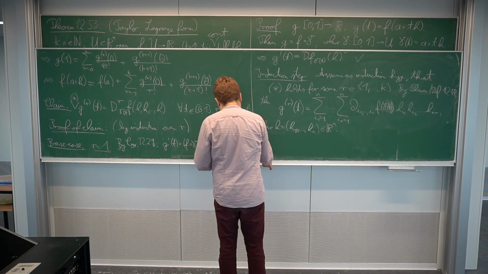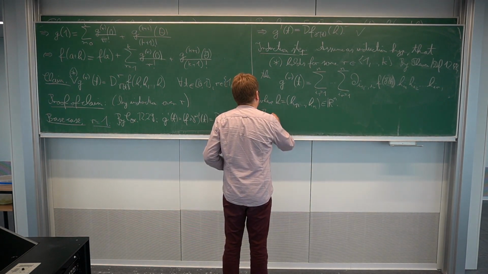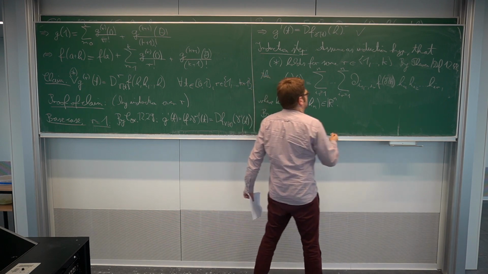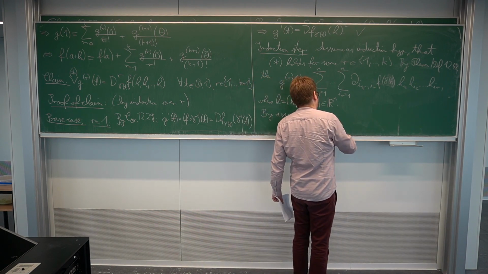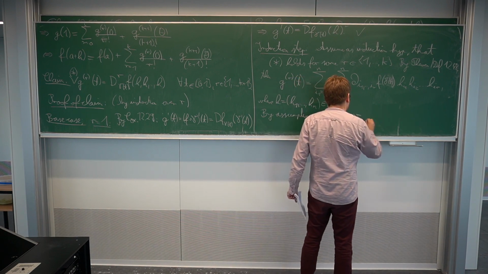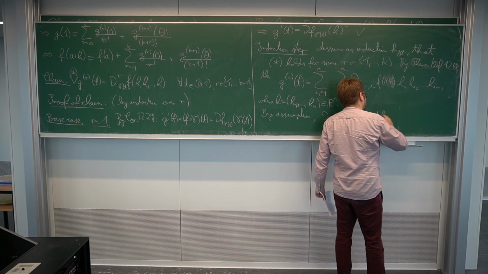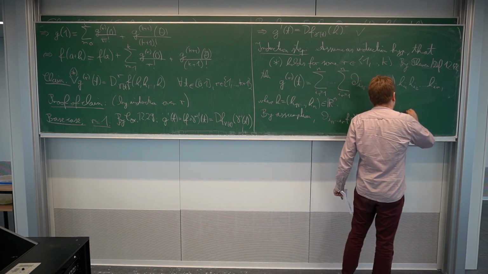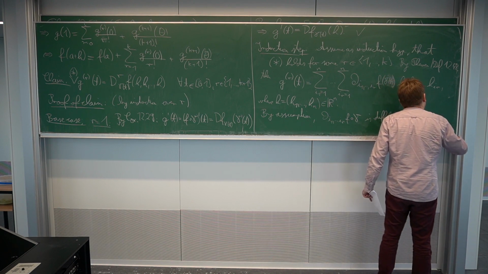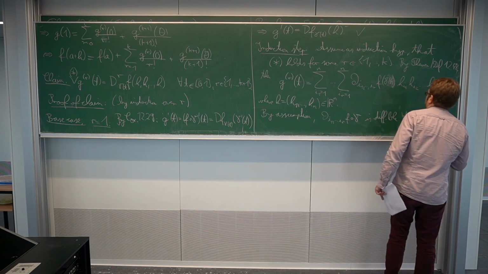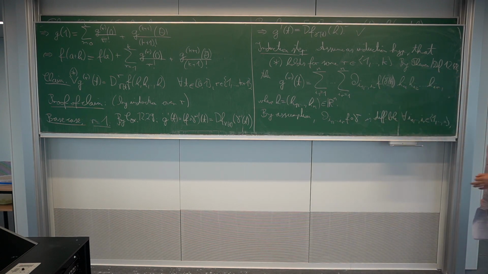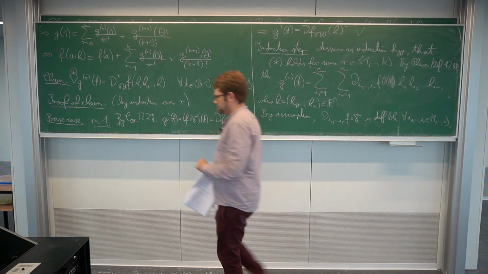So by assumption, the partial derivatives ∂I1 to Ir of f composed with gamma are differentiable for all I1 to Ir between 1 and n. And so we need to derive this expression here by t to get the right formula, and this is what I will do after erasing.